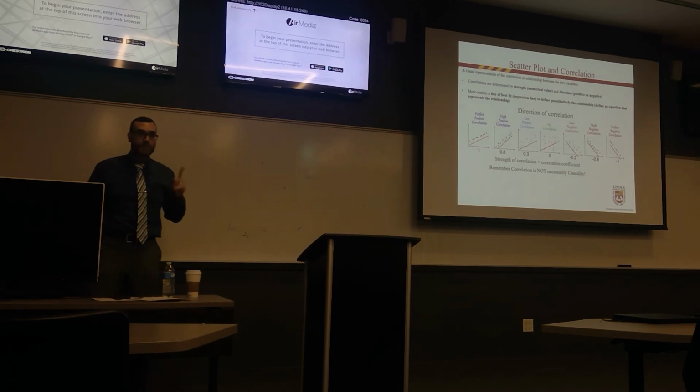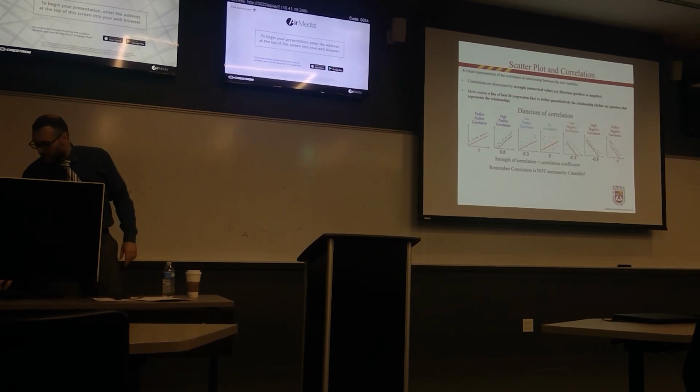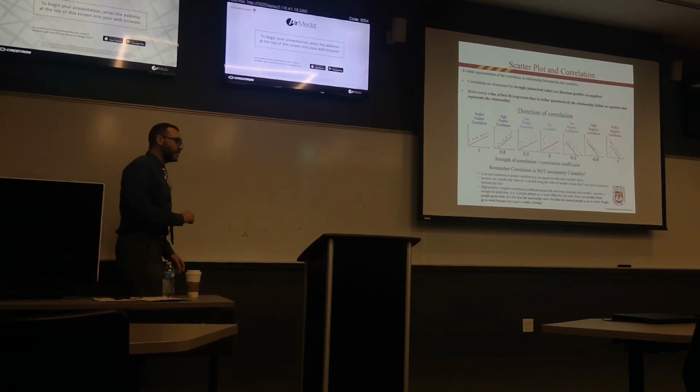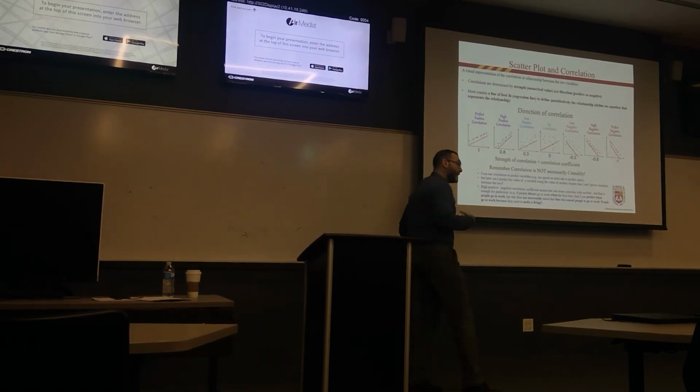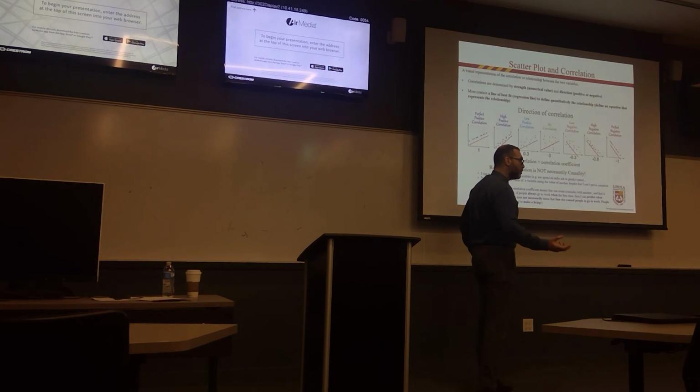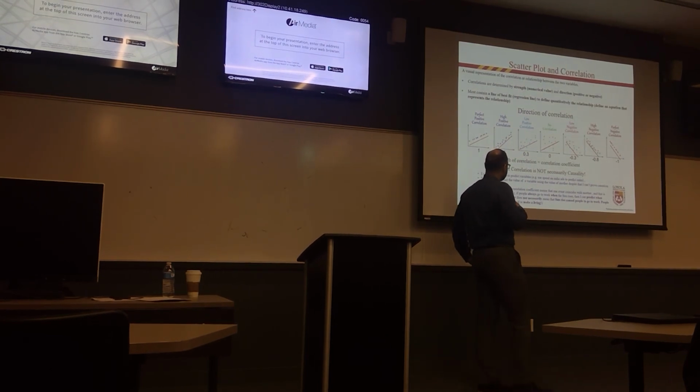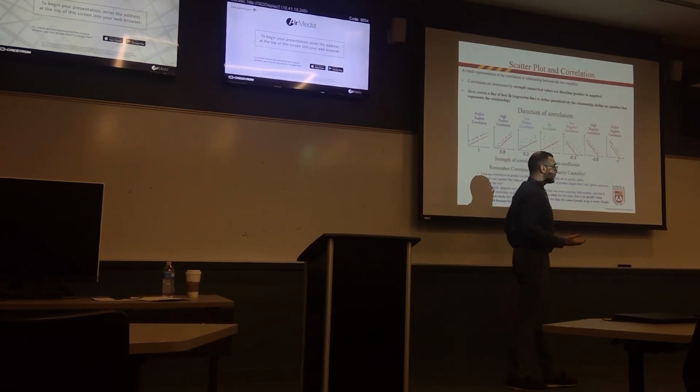Correlation is not causation. We talked about this a million times. But how come correlation can help me predict one variable by using the other? At the same time, I'm being told you cannot infer causation.